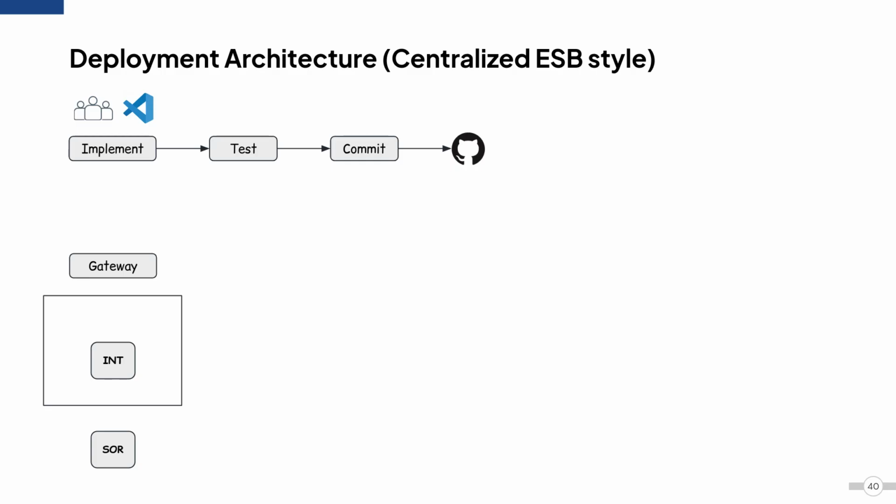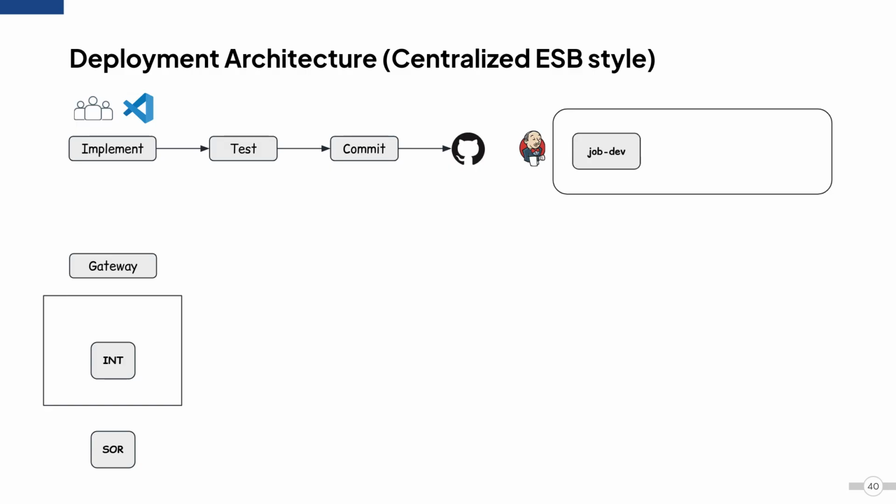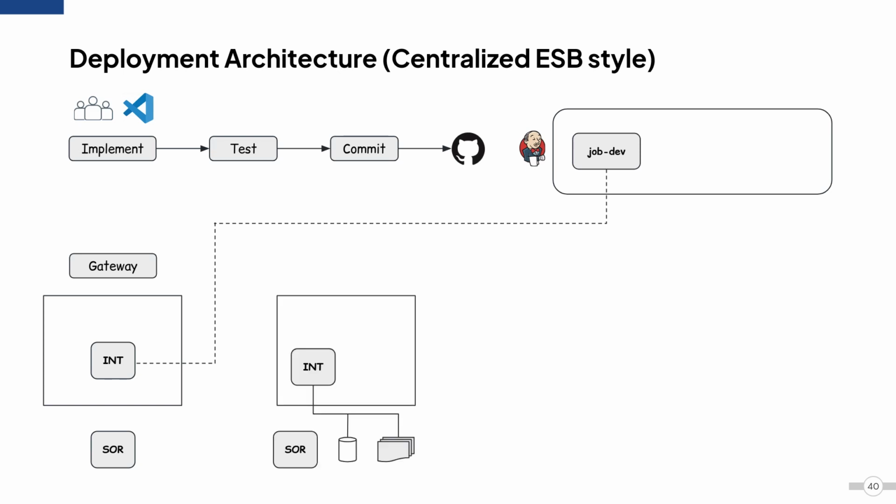So your integration is an ESB here, and it may be fronted by a gateway because of the gateway pattern that we described. You may have a CI/CD process that fetches your integration logic from your GitHub repository, and then does the deployment into your development environment.